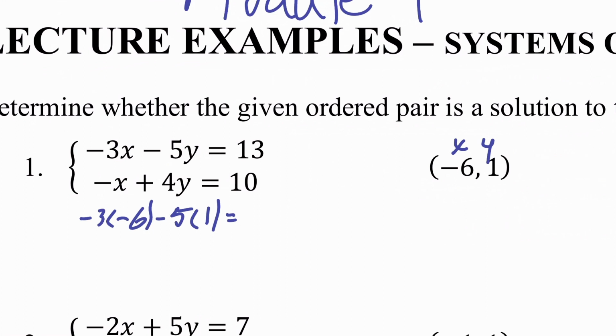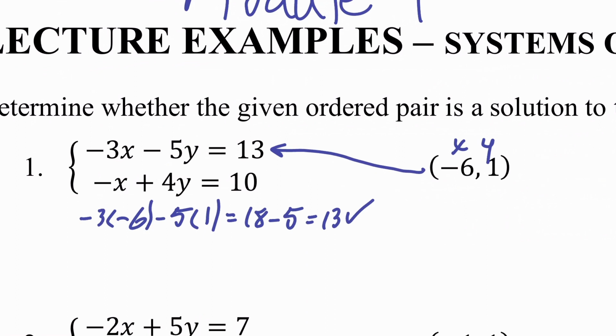So -3 times -6 is 18, minus 5, that is 13. Basically, this ordered pair is a point on the graph of that line. Those numbers, when plugged in, match the equation. Therefore, the graph of the equation has that ordered pair as a point on the graph.